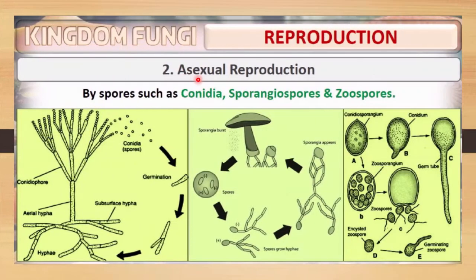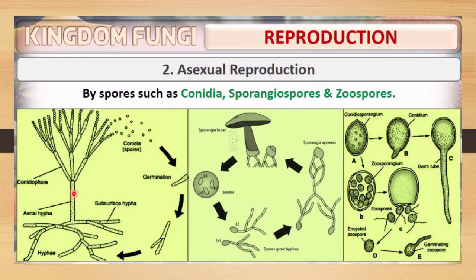The next method of reproduction is asexual reproduction. For asexual reproduction, fungi will form some spores. These spores may be of three kinds: conidia, sporangiospores, and zoospores. First, let us understand what a conidia is. Here you can observe fungal hyphae are of two kinds: the surface one and the aerial one.